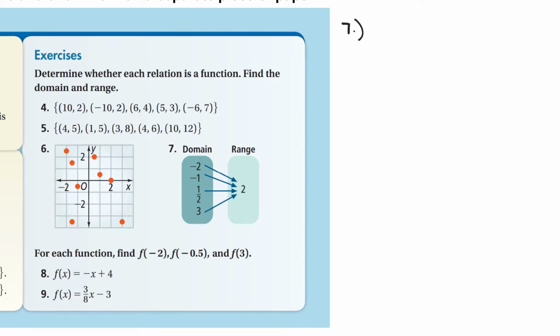We know that in our domain, we have -2, -1, 1/2, and 3. In our range, we just have 2. Now the question goes, since every value is paired with 2 in the range, can this be a function? And the answer to this is yes, it is a function.